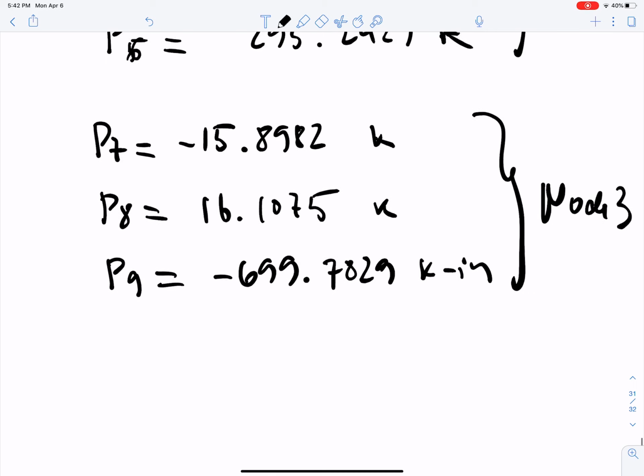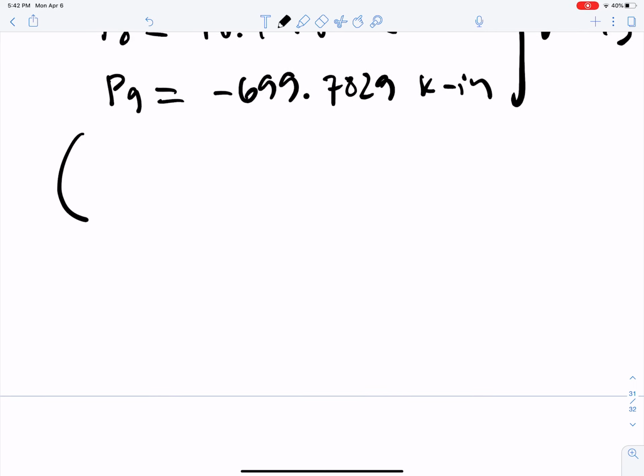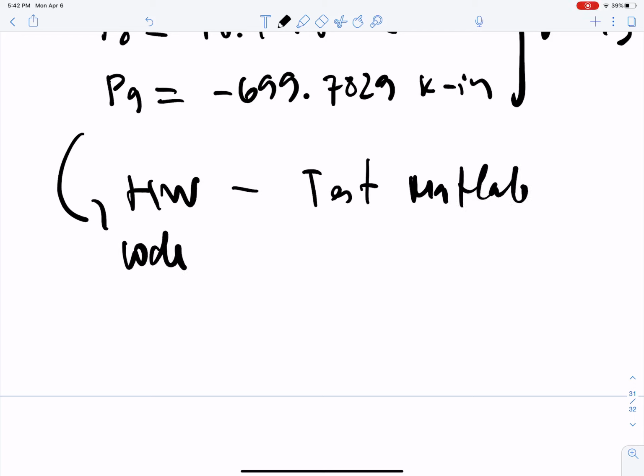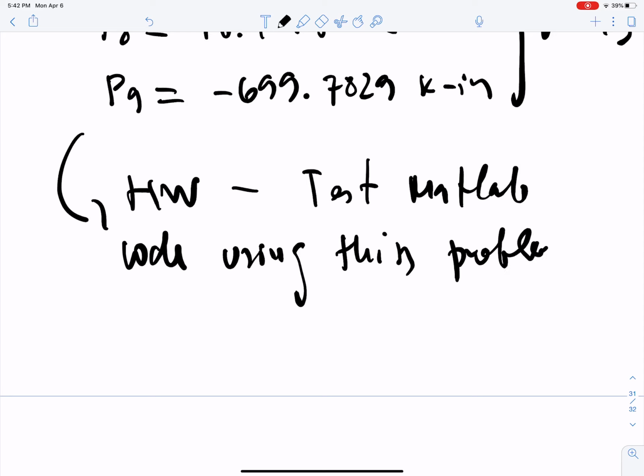Okay. And so in your homework, okay, I want you to set up and solve this problem, right? To test your MATLAB code. Using this problem. And basically, these are the support reactions I'd like to see at the output.